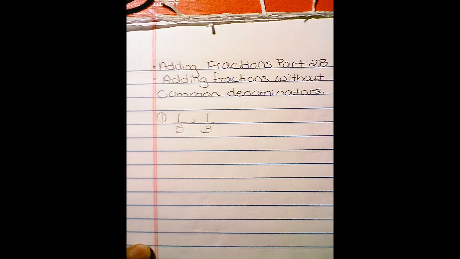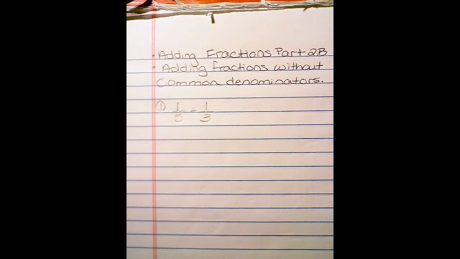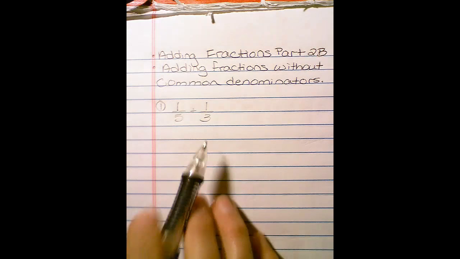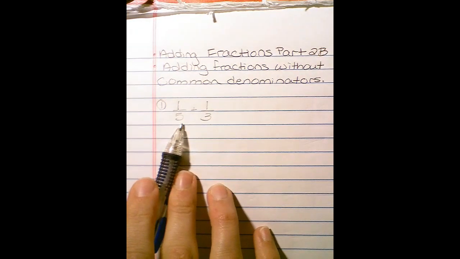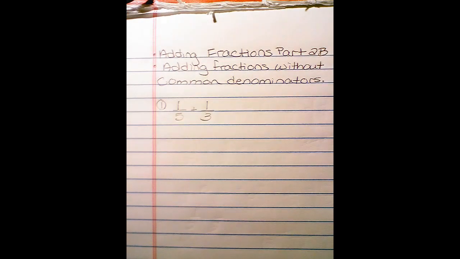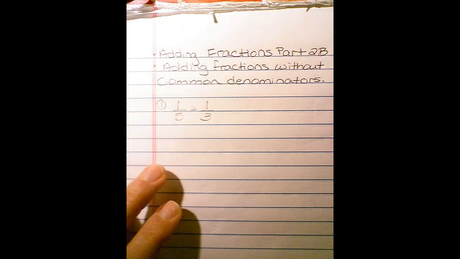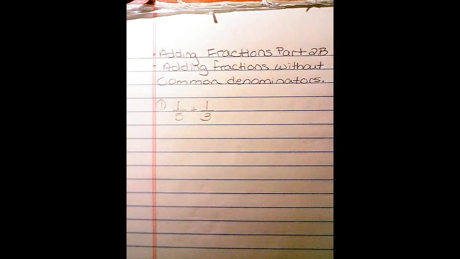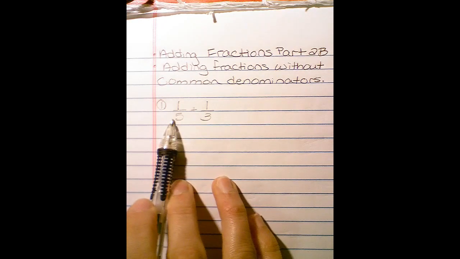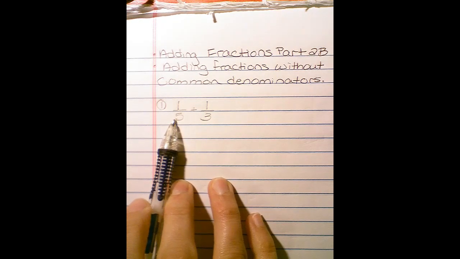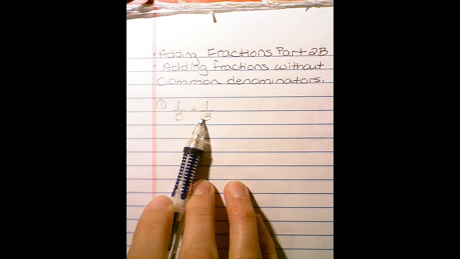Okay, so right off the bat, we can see here that 1/5 and 1/3 are not the same number. But unlike last time, we cannot just multiply 3 by a number to get us to 5, which would be the larger number, or 5 by a number to get us to 3.